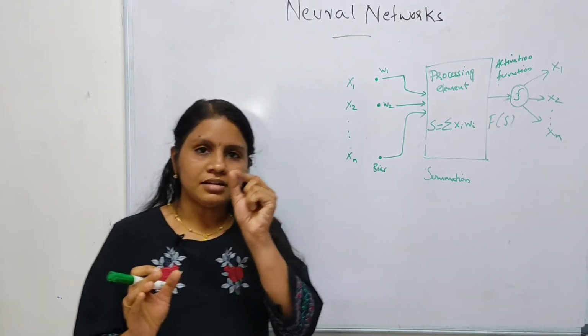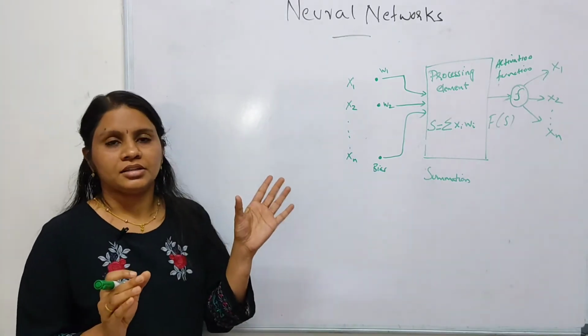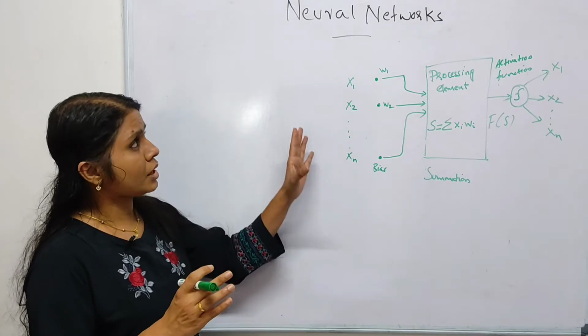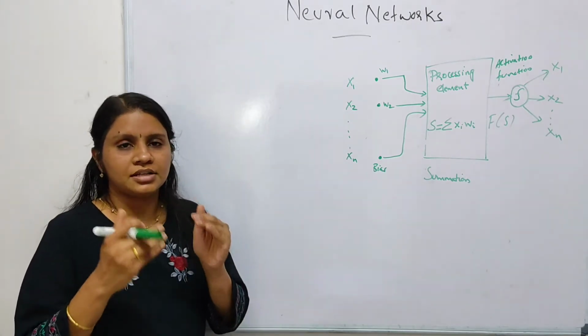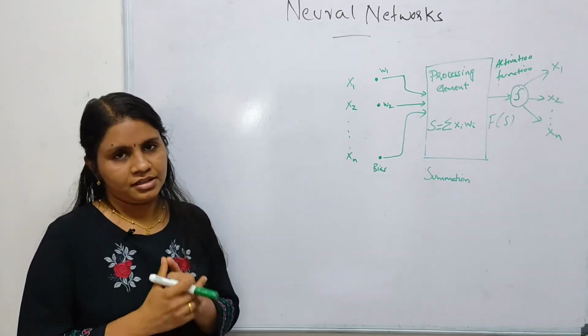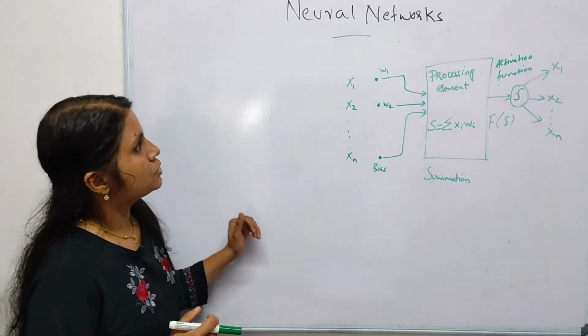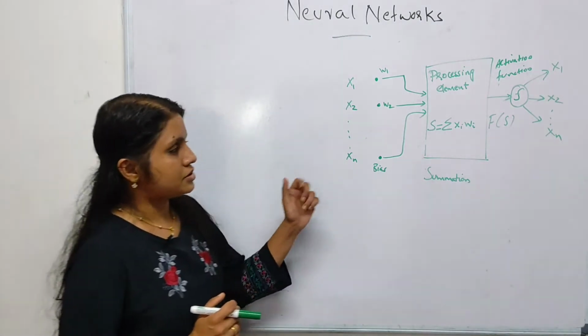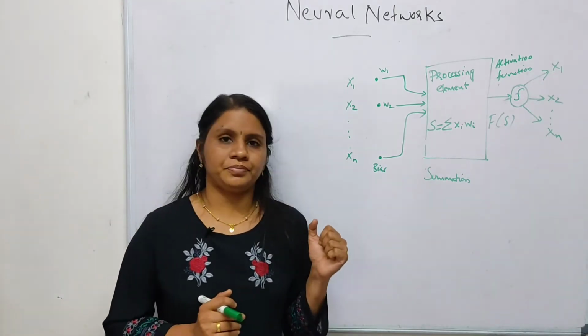It is modeled in accordance with the human brain. The main aim of a neural network is that it should work like our human brain. Now, coming to the structure of the neural network.